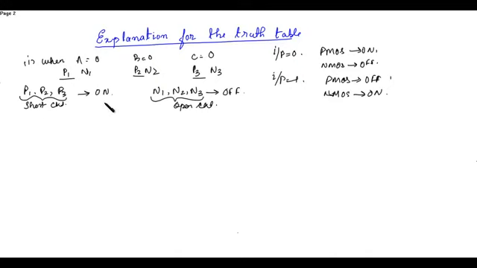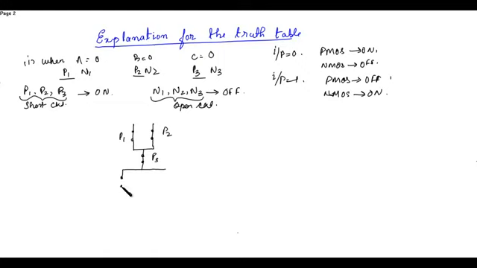Now how do you represent the short circuit? Since P1 and P2 were in parallel, P3 was in series. So it's short circuited. So this is P1. P2 is also short circuited. This is P2. P3. Okay.